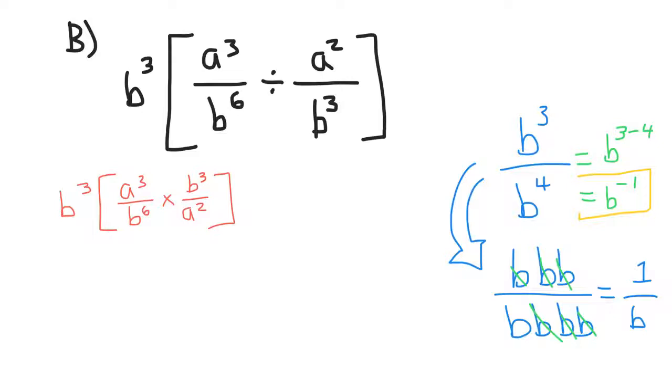The reason is that anytime you have a number raised to a negative power, that is the same thing as taking the base and shoving it into the basement, turning the sign of the exponent to the opposite, and sticking a big fat 1 up top. This is a law of exponents that is beneficial to remember, and that's essentially what's happening here. This b to the negative 1 turns into 1 over b.